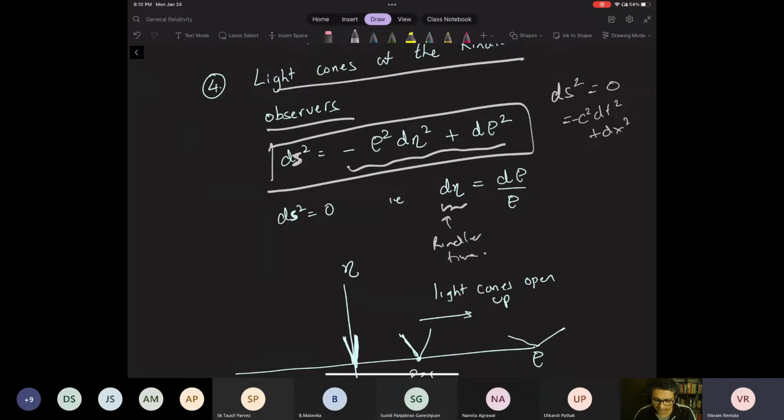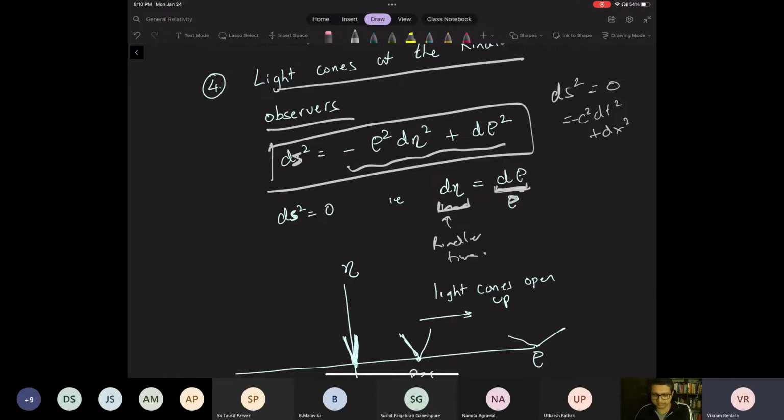It would travel a distance d rho, and d eta and d rho would be related in this way. So if you are at a different rho coordinate, the amount of d rho that you travel in a given d eta depends on what your rho coordinate is.